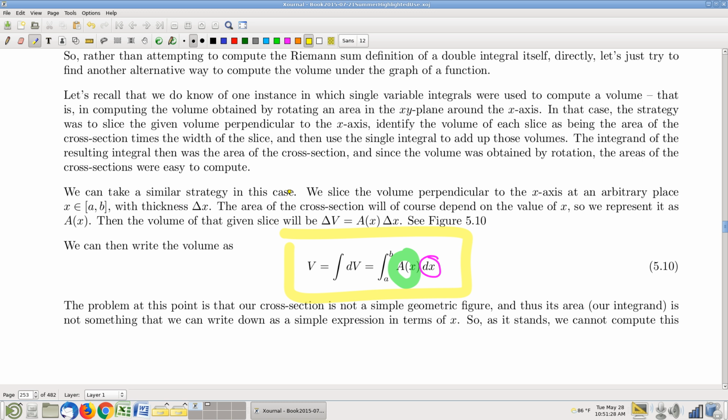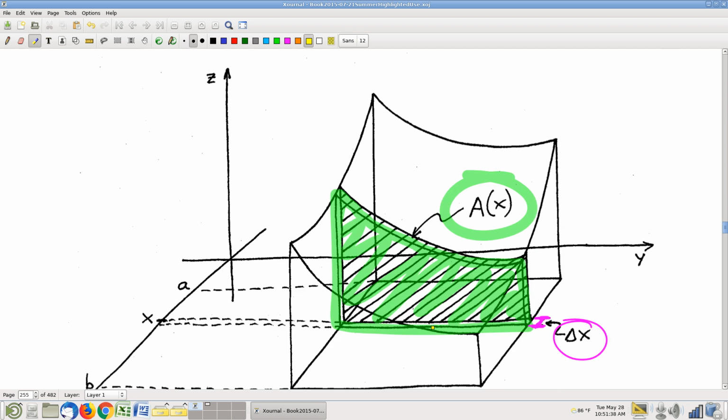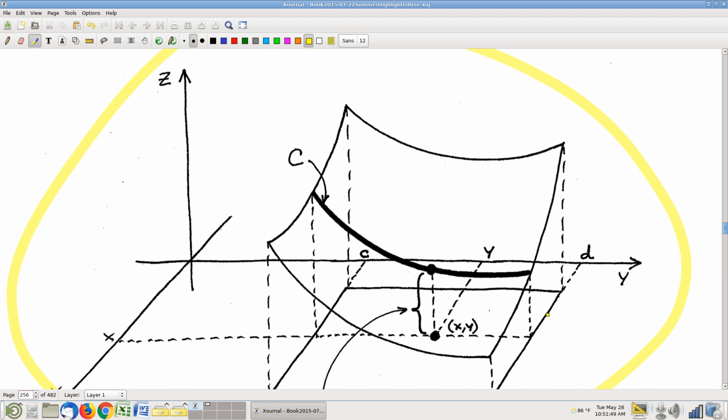So this formula here seems to be a dead end, but it's actually not. What we have to do is just have faith, press on, and we're actually going to be able to figure out what this area is. And the way we're going to figure it out is we're going to look at our picture, and we're going to reimagine this picture. Okay, so there's our picture, right? Forget about the delta x for the moment. Let's just look just at the cross-sectional area.